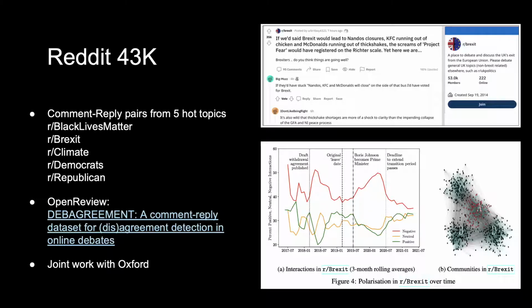They are all from hot topics. We evaluated state-of-the-art NLP models on this dataset and investigated what kind of contextual information, for example, graph or temporal, etc., is useful to detect agreement or disagreement.